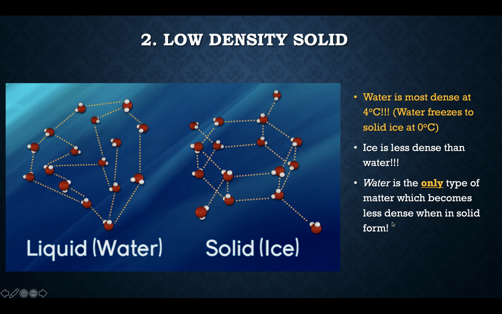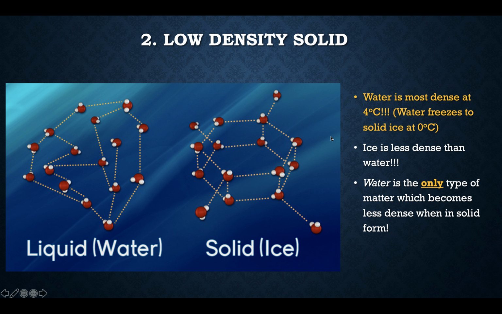All other types of matter, solid is the densest, liquid is the next densest, and then gas is the least dense. But something strange happens to water as it approaches the freezing point. It becomes most dense at 4 degrees Celsius, but then when it freezes to solid ice at 0 degrees Celsius, once it becomes a solid, it's actually less dense.